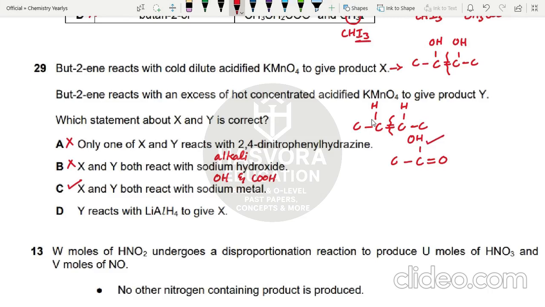This will be reduced to this OH, and this will be something like this. So it actually does not resemble the product X. Okay, so this will also be incorrect. So C is the answer for this question.